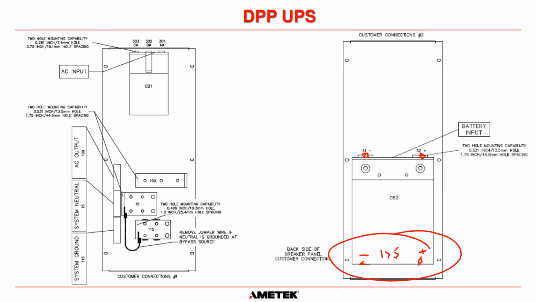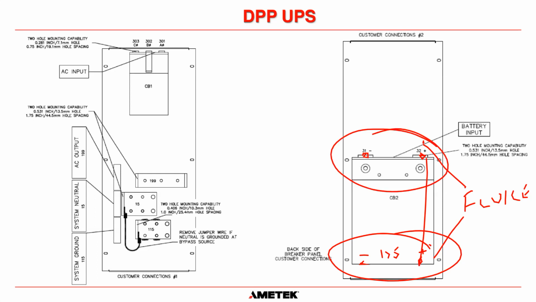You want to make sure that you could go across here with a Fluke, and you want to make sure there isn't a huge voltage difference between the two. If you see 135 volts between those two positive terminals, then somebody has connected those in reverse polarity.